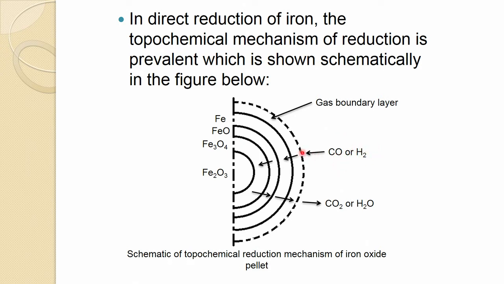hydrogen, comes into contact, naturally it makes a very thin film of gas near the solid. That is what we call the gas boundary layer.